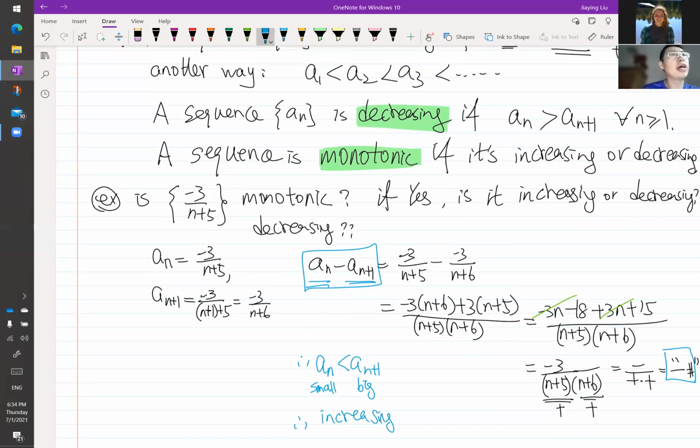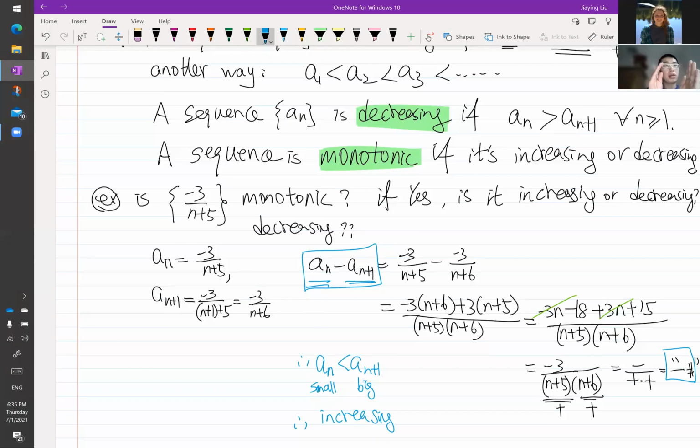So we just solve for an. No, we're not solving for an. We want to know which one is bigger, right? We want to know if the sequence is increasing or decreasing. We want to know if the value of the sequence is getting bigger or not. That's what we try to figure out. We didn't solve for anything. We find the difference between an and the number after it, and we figure out the difference is negative.